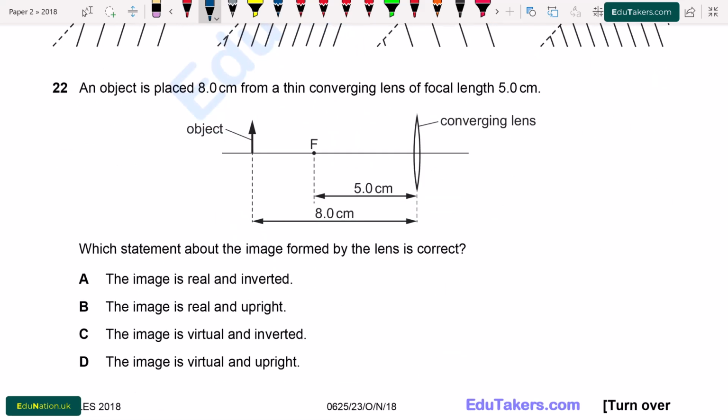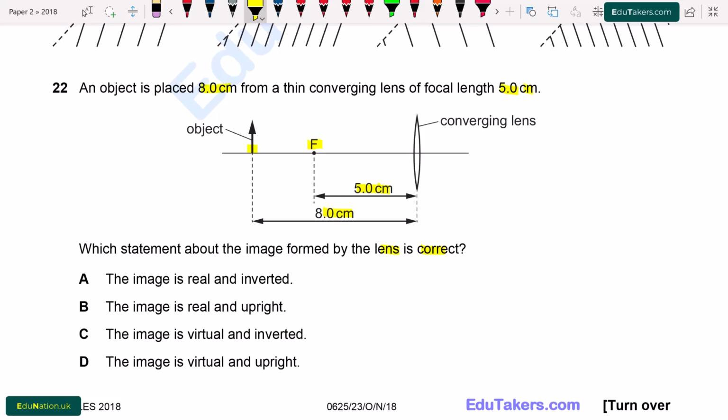Question number 22. An object is placed 8.0 cm from a thin converging lens of focal length 5.0 cm. Which statement about the image formed by the lens is correct? So here is the object at 8.0 cm while the focal point is 5.0 cm distance from the converging lens.